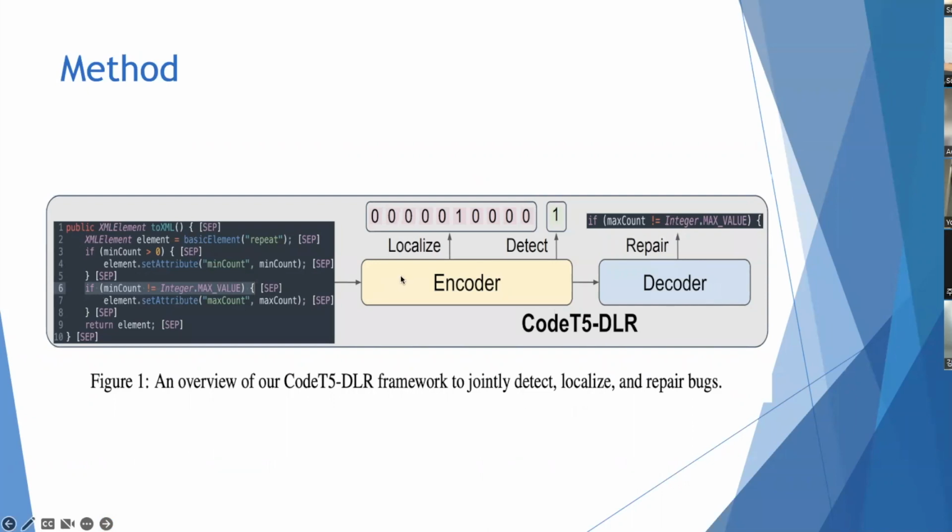And then it goes to the encoder part, where if the function is erroneous, it checks which line is in error. So 0 means that there is no error, and 1 means there is an error. If it finds 1, then there is an error in the function at that specific line. And then using the CodeT5 model, it creates a patch for the given faulty line. So this is the overview of the CodeT5 DLR model.